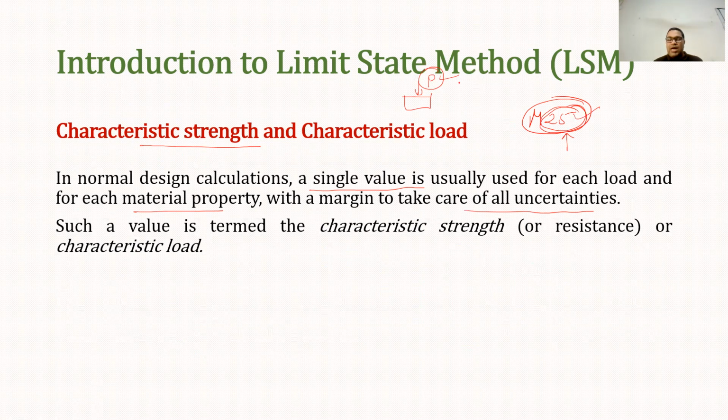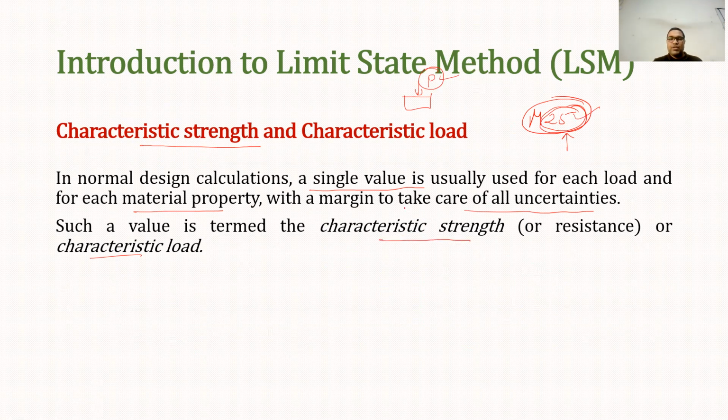To consider this uncertainty, we have to define a proper definition of load, and that load is called characteristic load. Similarly, for the strength, we have to define a proper definition, which we consider as characteristic strength.